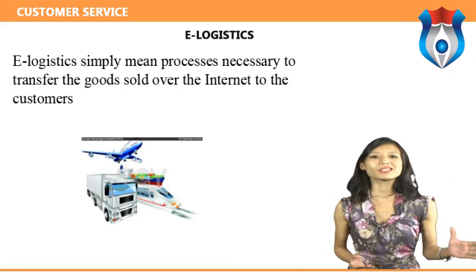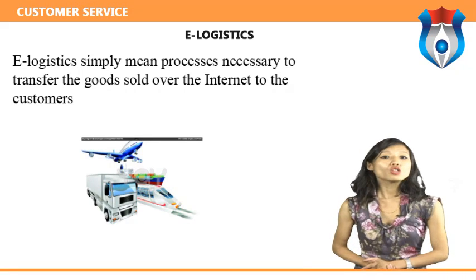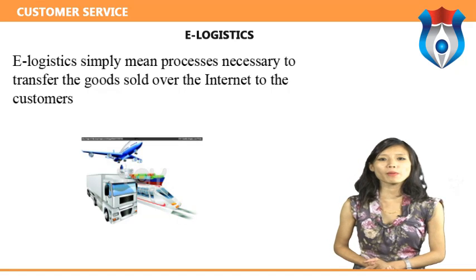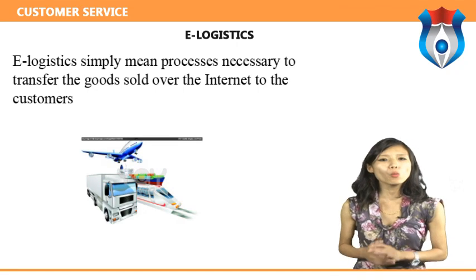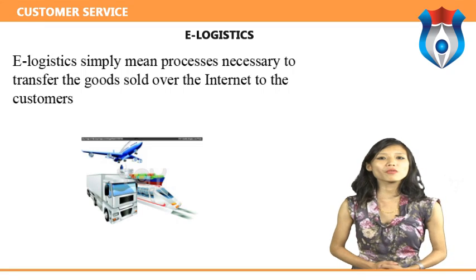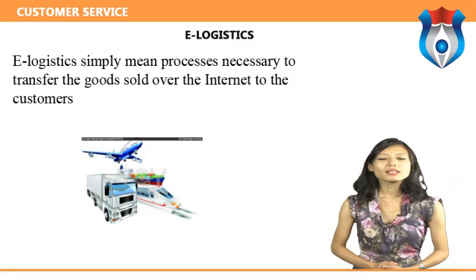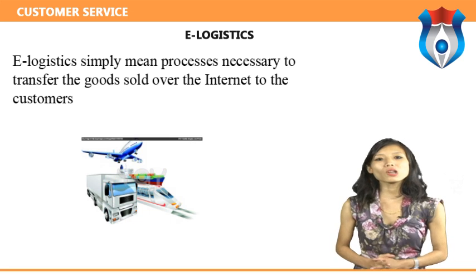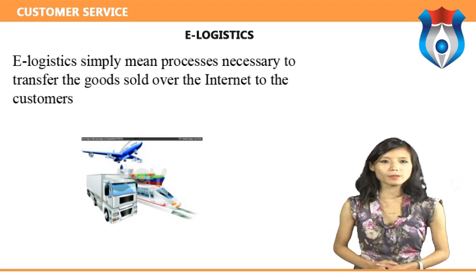E-logistics simply means processing necessary to transfer the goods sold over the internet to the customers. Another more sophisticated aspect is that e-logistics is a wide-ranging topic related to supply chain integration that has the effect of eliminating intermediaries such as wholesalers or retailers, and also fosters the emergence of new players like logisticians, whose role is to adapt traditional logistic chains to take into account the requirements of e-business.